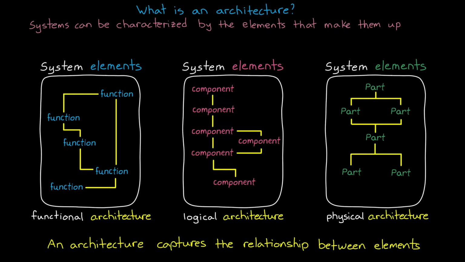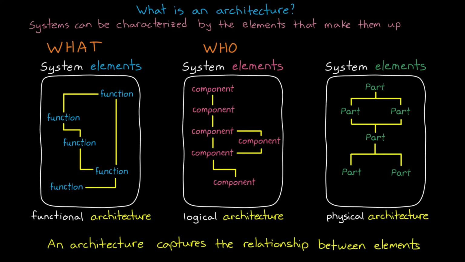So how does that benefit us? Well, we may start system design by thinking about what the system needs to do. That is, thinking about the functions that the system needs to perform and how material and energy and signals flow between those functions. Then we may start to think about who, or which logical components are responsible for achieving a given set of functions.